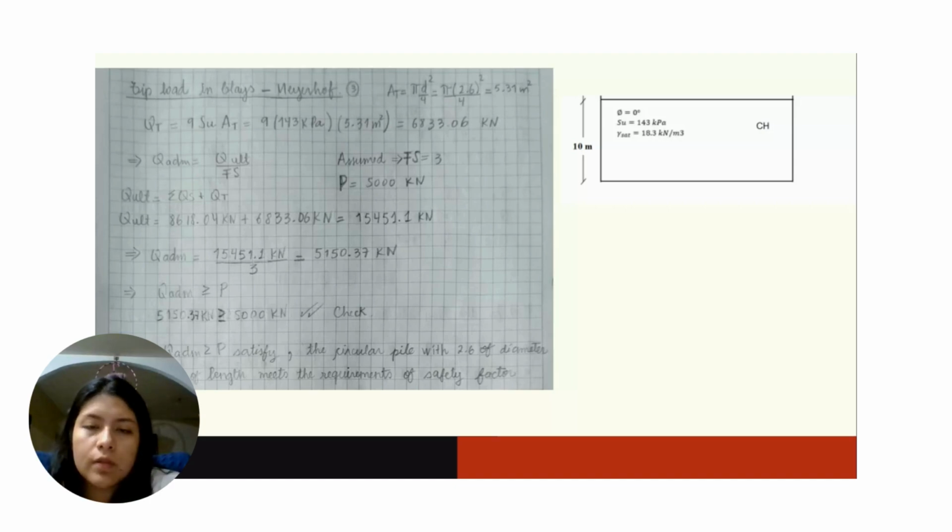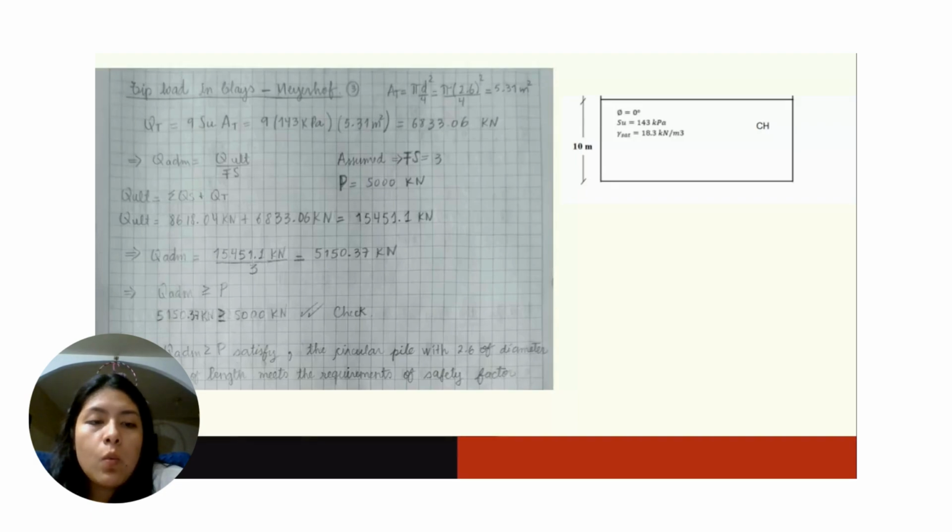Now to calculate the tip load in clays, we will use the Meyerhof method, which is equal to 9 times Su times the area, giving us a result of 6,853. And to finalize the calculation of the circular section, we must verify that our proposed dimensions comply with the safety factor. It tells us that Q admissible is equal to Q ult divided by a safety factor, which in this case we set to 3.